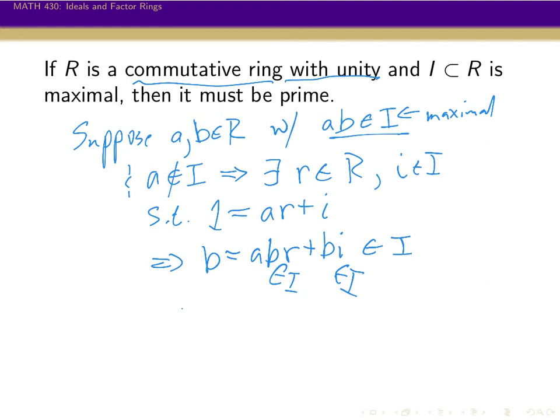Okay, and so this shows that I is prime. And so having this multiplicative identity allows us to get this equation right here, and that gets us going for this proof.